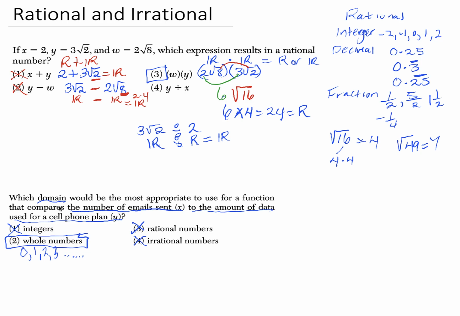So when they say which is the domain and they list these types of numbers, you have to understand what's an integer, what's a whole number, what's a rational number, what's an irrational number in order for you to answer this. And I know that this word domain kind of freaked people out, but keep reading. Don't just freak out when you see a word that you don't know. Just keep reading. They're asking you to compare emails with your data plan. What kind of numbers would they be using to compare them? And it would have to be whole numbers.